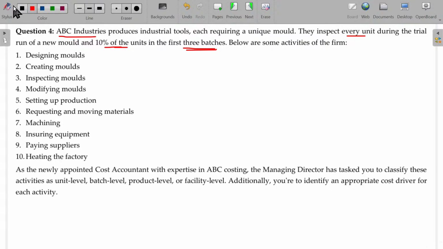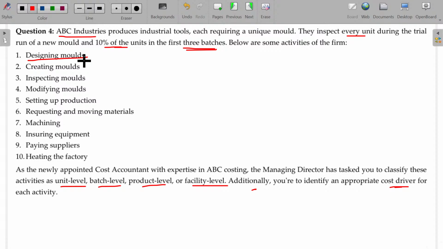Now, using this, you have to decide whether it is unit level, batch level, product level, or facility level. Additionally, you are required to identify the appropriate cost driver for each activity. Now, designing mold, what could be the cost driver? Designing mold. Will it be product or unit or batch or facility?